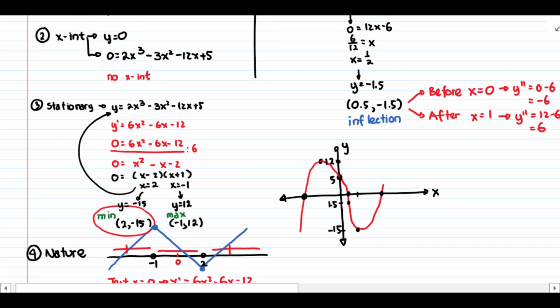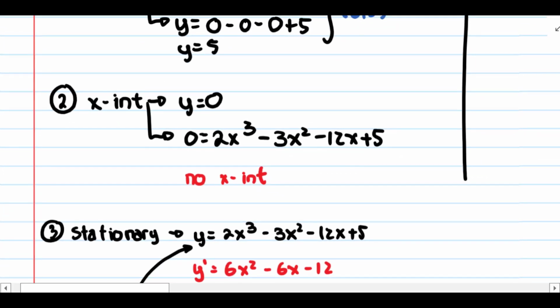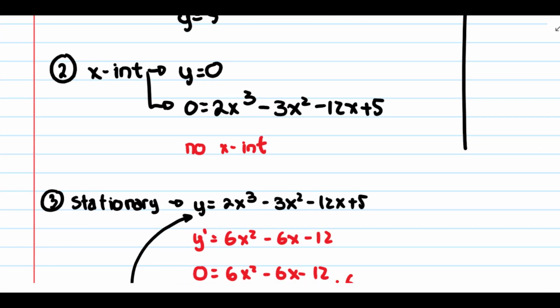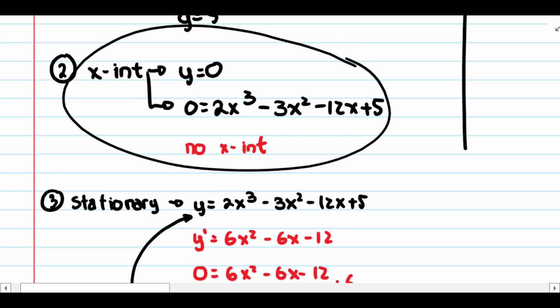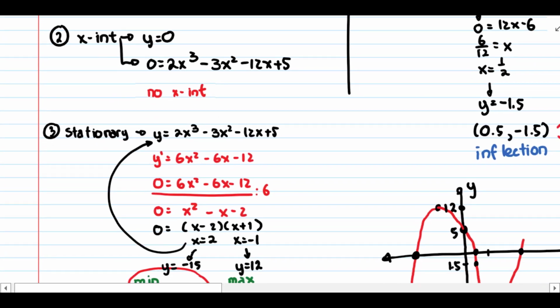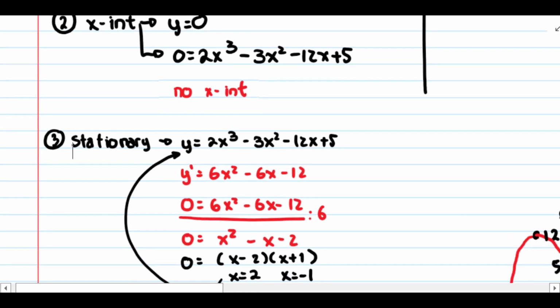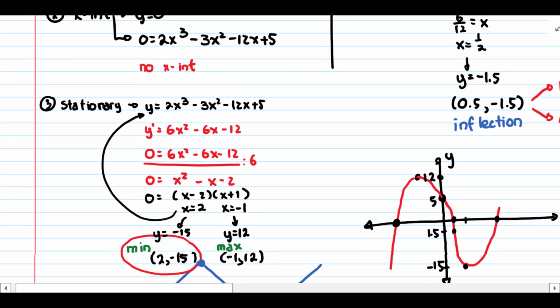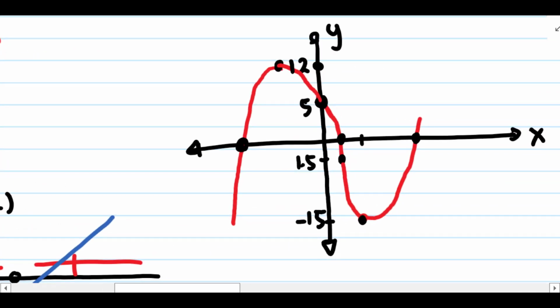Oh yeah, for step 2, I pressed a wrong number in my calculator, so there are x-intercepts, but the numbers are not so good, so I think we can skip this part, because the factorization is not working, and we cannot use the quadratic formula since it's not a quadratic equation, so we cannot find the x-intercept without using a calculator. Let's skip that, and this one is the sketch for number 9.